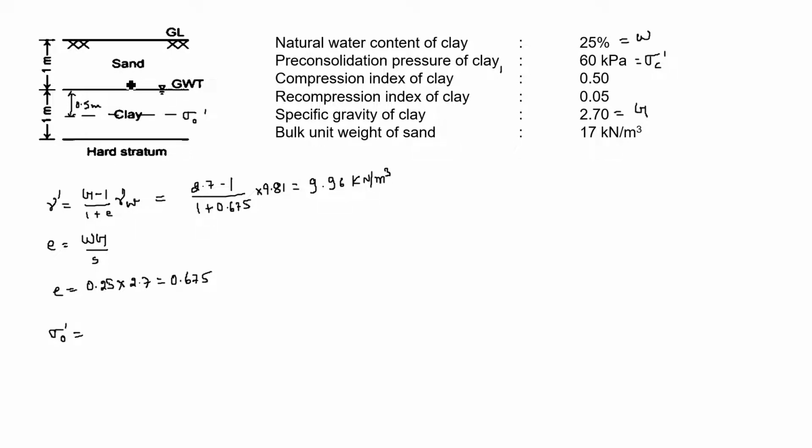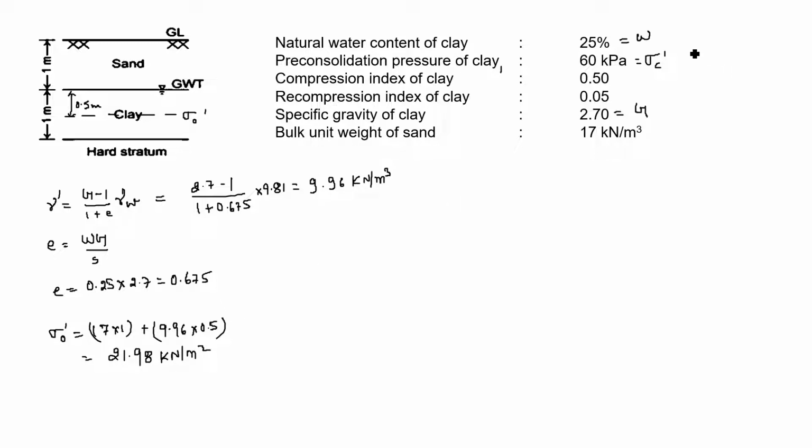The unit weight of sand is given as 17 kilonewton per meter cube. So 17 into 1 plus the unit weight of clay layer 9.96 into 0.5. After calculation, we get sigma naught dash as 21.98 kilonewton per meter square.